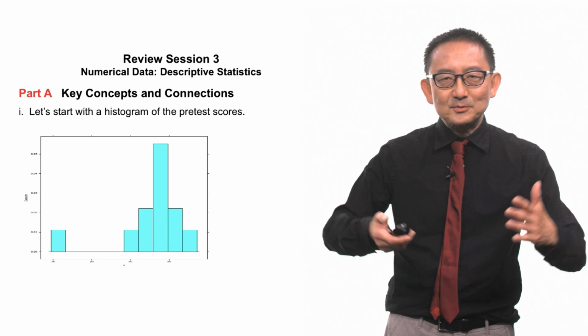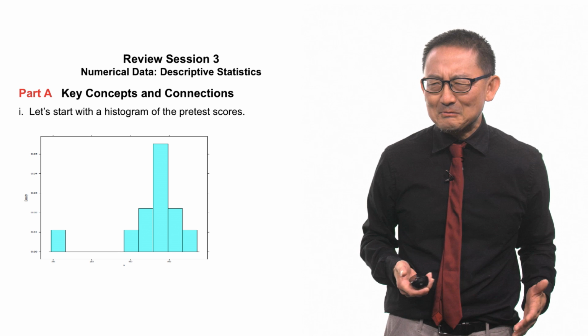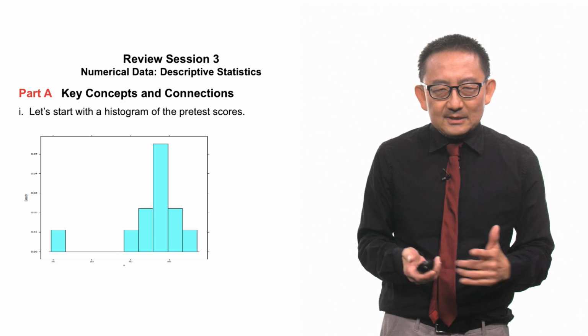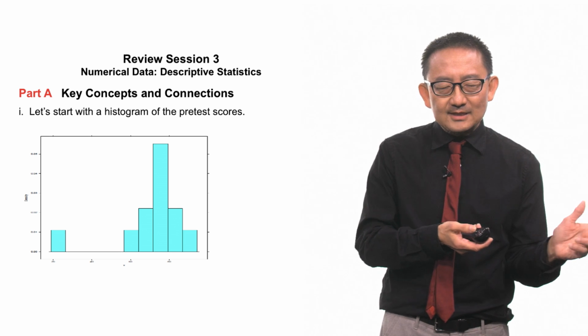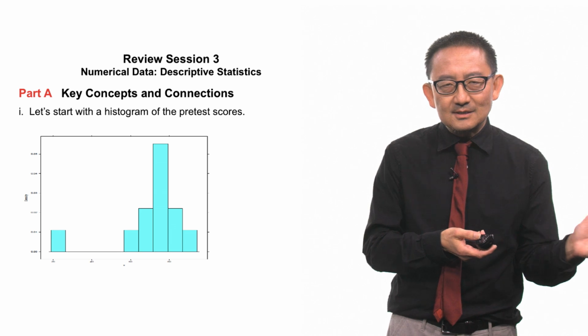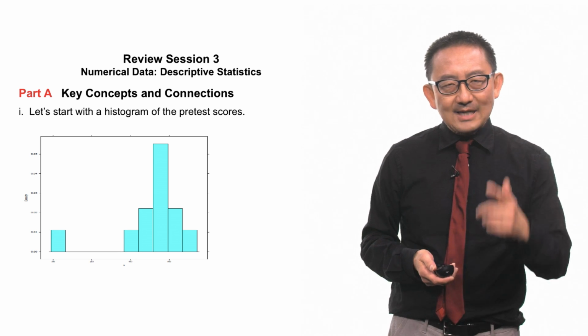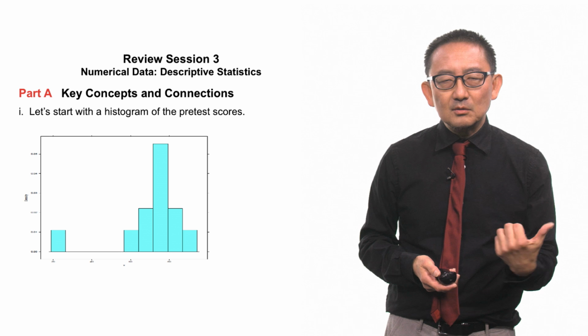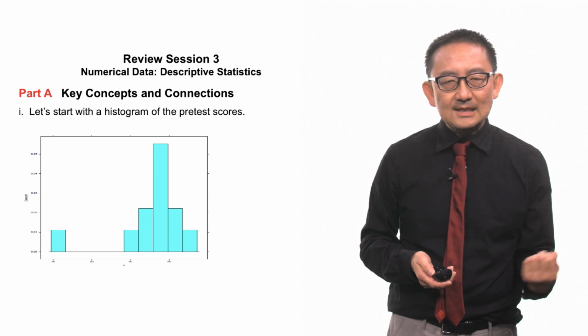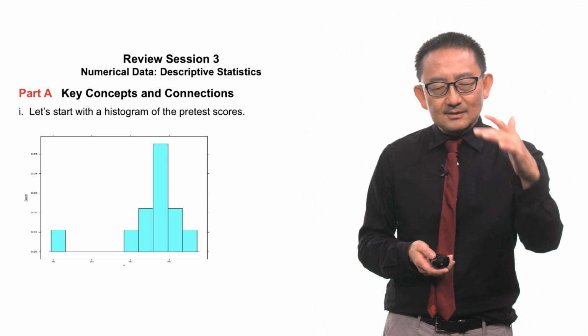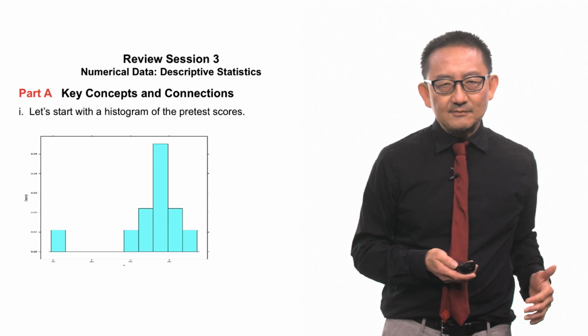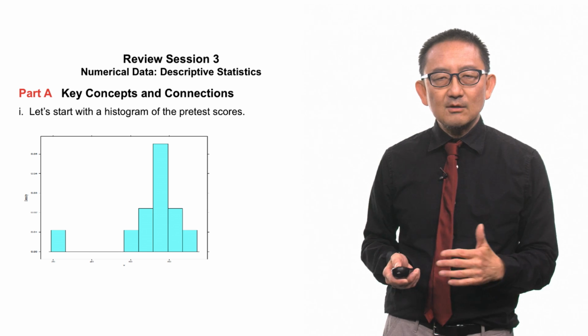Usually even symmetric distributions aren't quite that symmetric. But then look, there is a data value all the way to the left. That would make this distribution as a whole skewed left. And that is due to one of the data values, which is considerably lower than all of the rest.